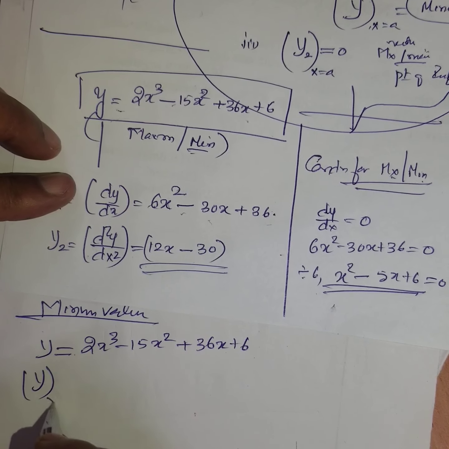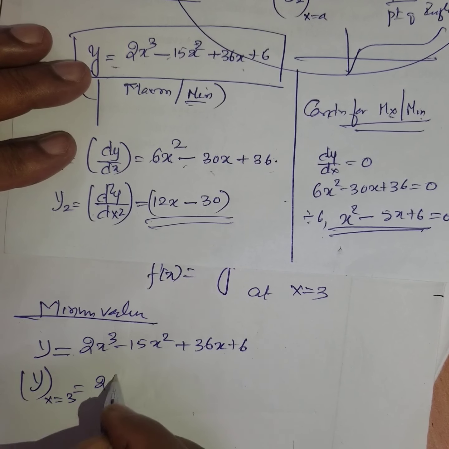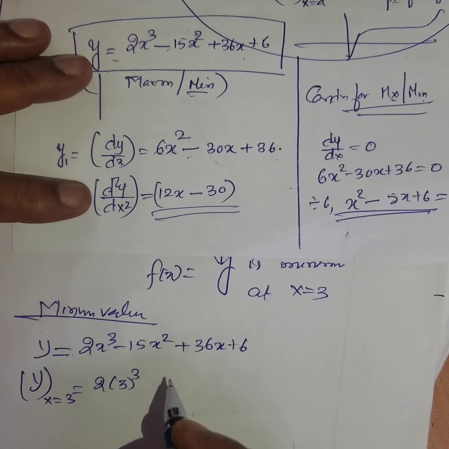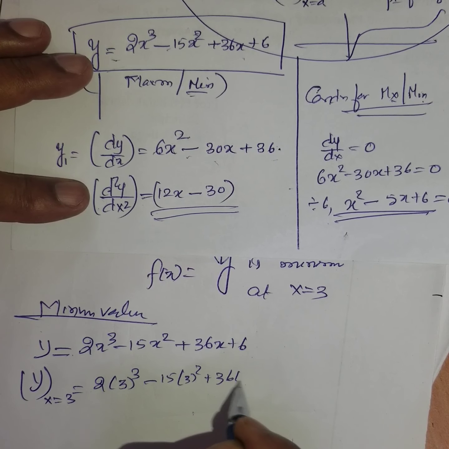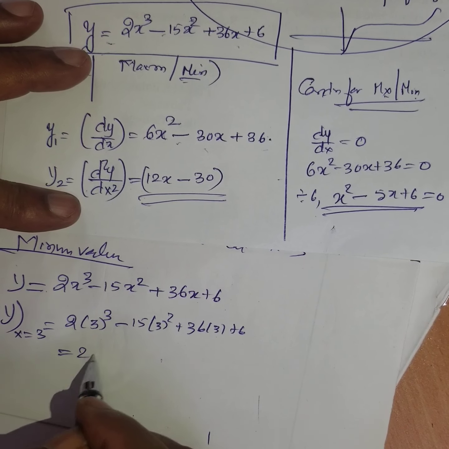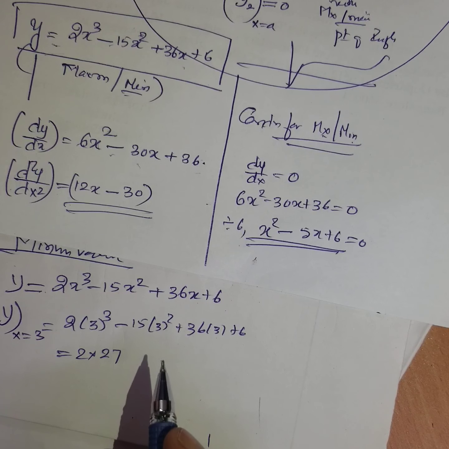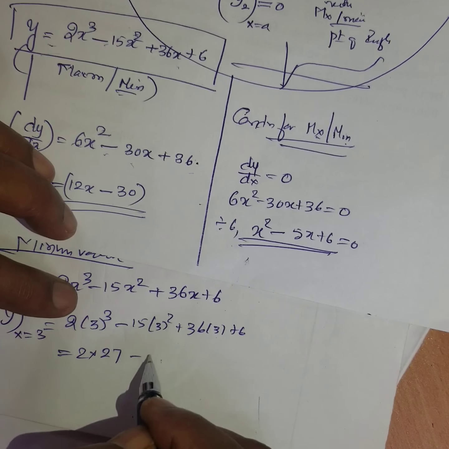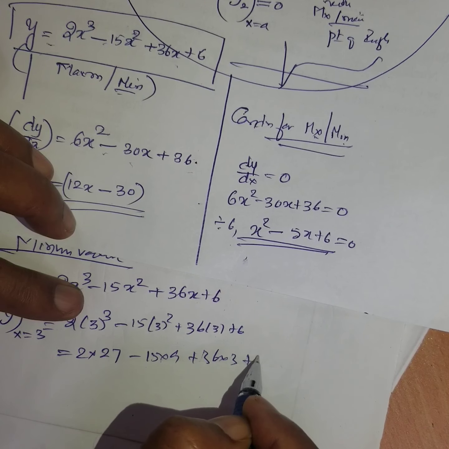Put x = 3: 2 into 3 cubed minus 15 into 3 squared plus 36 into 3 plus 6.